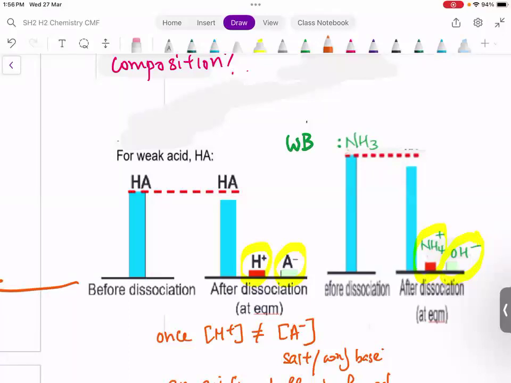We add salt. To form an acidic buffer, I'm going to add salt, sodium A minus. For example, if this is ethanoic acid, then I will add sodium ethanoate. Because of this addition of the salt, what happens to the concentration of A minus?